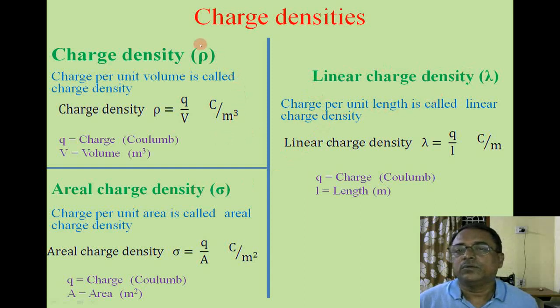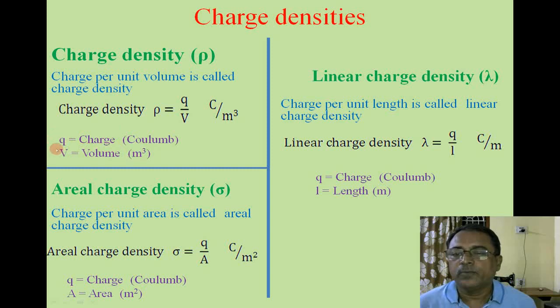Coming to this charge density, this is represented by the letter rho. Here I am taking a body of a volume V, and a charge Q is given to this body.